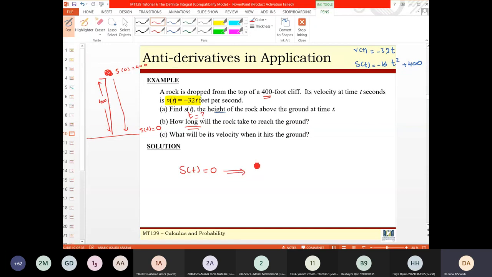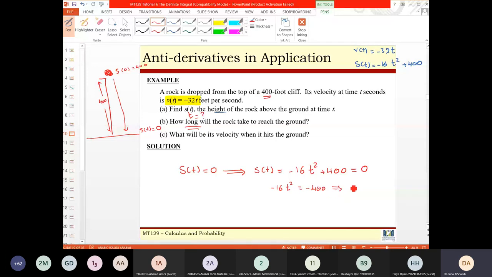What does S of T equal to 0 mean? This is my S of T, I got it before. It means that S of T, which is minus 16T squared plus 400, should equal 0. Solve it. This means minus 16T squared equal to minus 400.